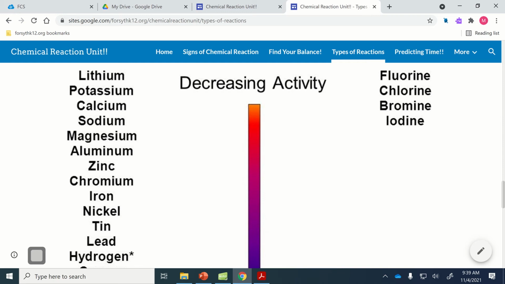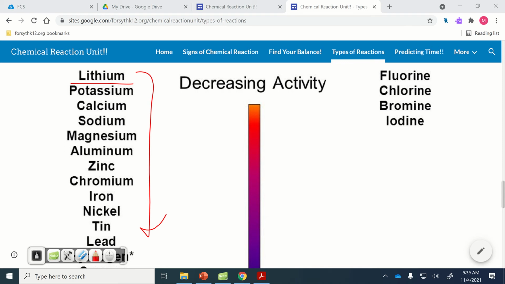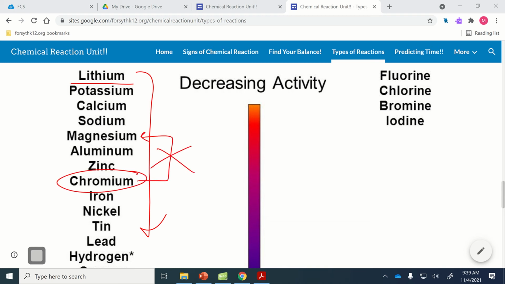Elements below it cannot kick out any elements above. So lithium can kick out any other metal. Lithium is very reactive and will be able to punch out any other element and take its place in the compound. But if I have chromium alone and it wants to kick out magnesium, that won't happen. So they have to be above on this list to kick out the element below it.